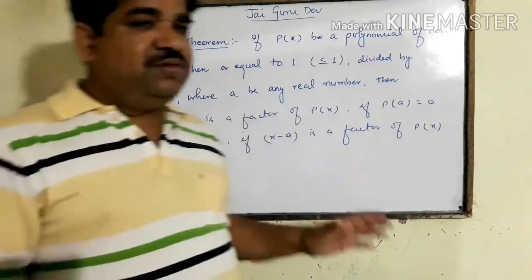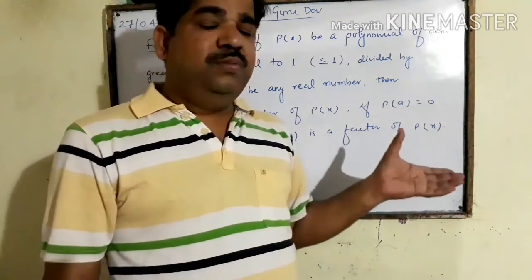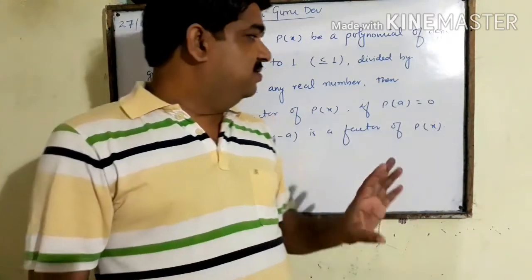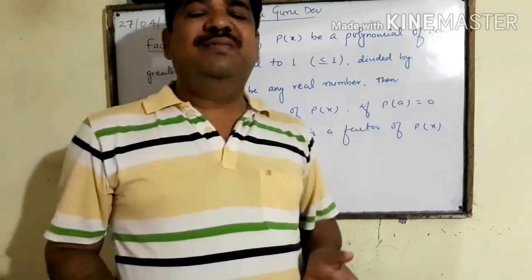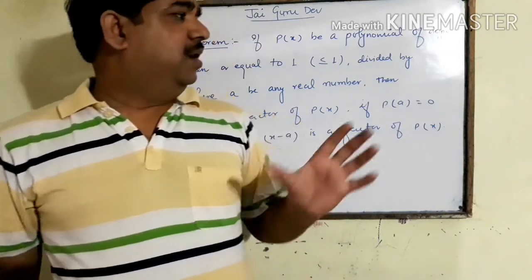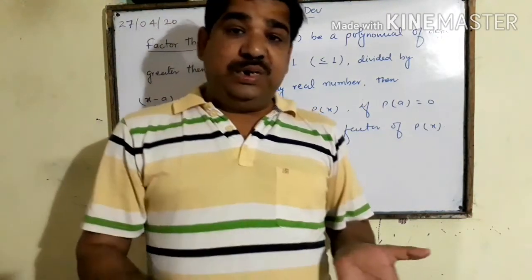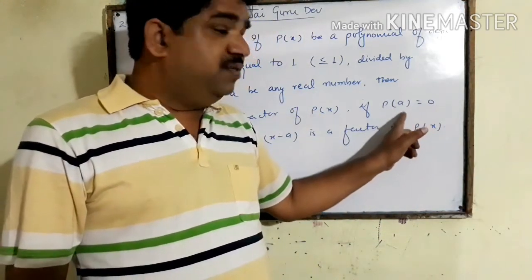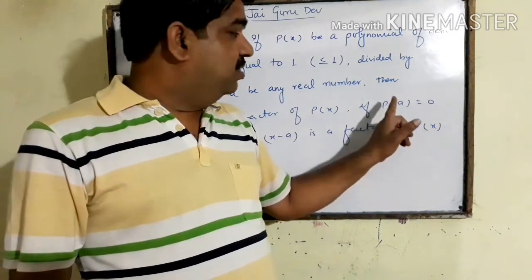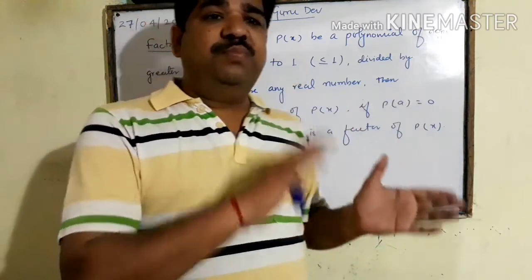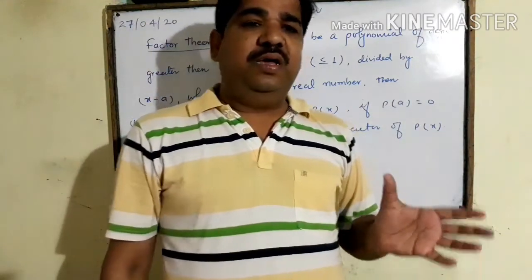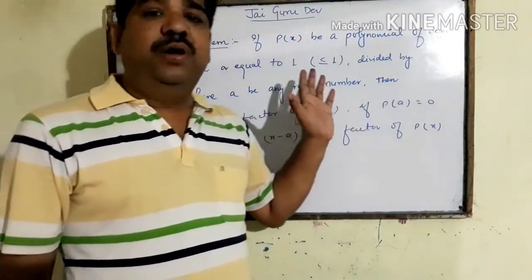The conclusion of this theorem can be summarized as: whenever a polynomial is divided by any other polynomial and the remainder is equal to 0, in that condition the divisor polynomial must be a factor of the dividend polynomial.